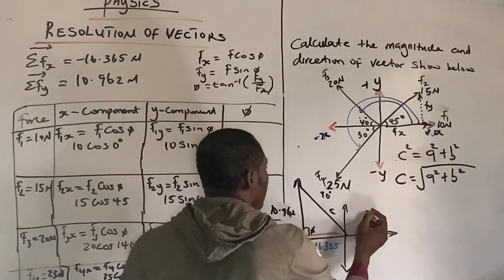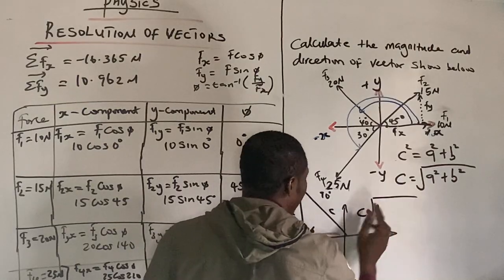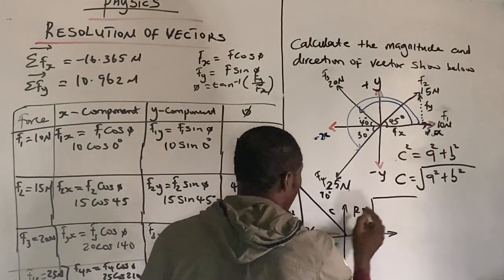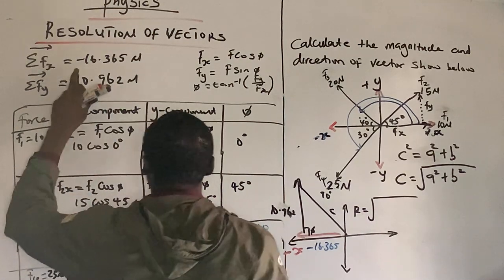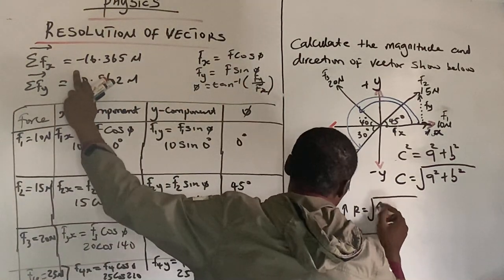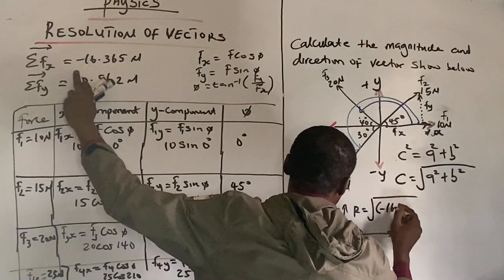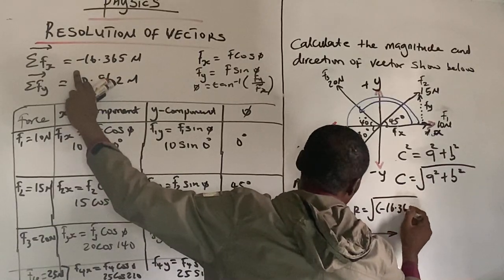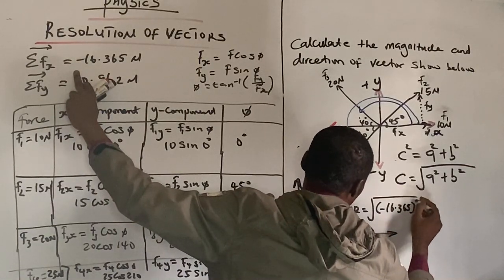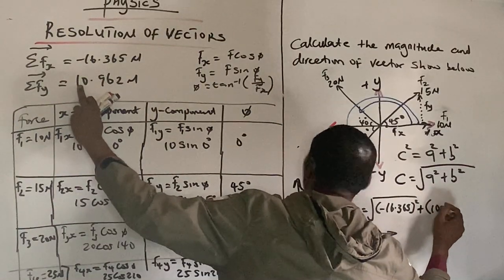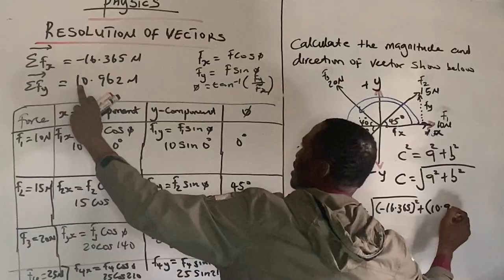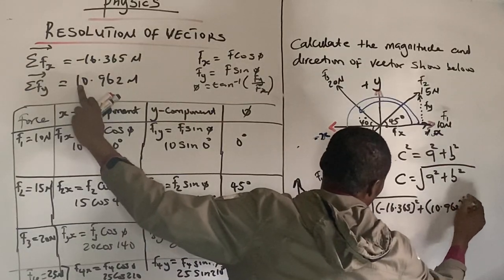So what do I have? My c, my resultant vector, is all these guys. Now we have the negative 16.365 all squared plus my y, 10.962 all squared.